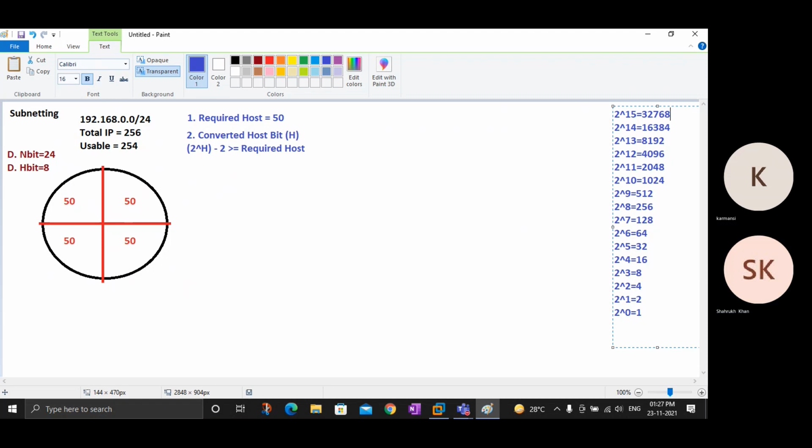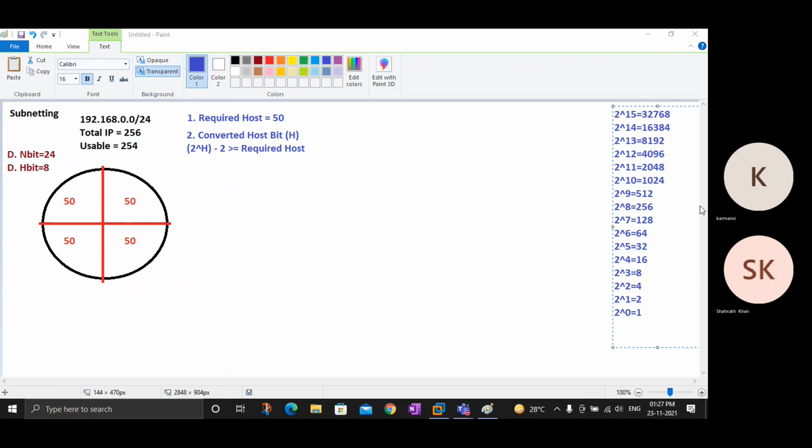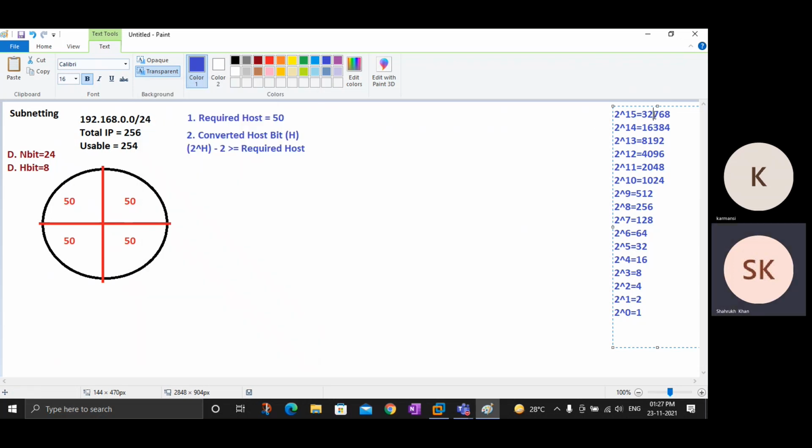Okay. So let's verify the last two values. I'm not exactly sure about that. So 2 raised to the power of 15. Yes, 32768 and 2 raised to the power 14 is 16384. Okay. So these are the values. If we put it in the power of 2, we will get this result.